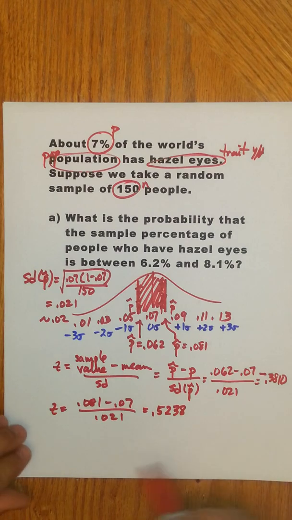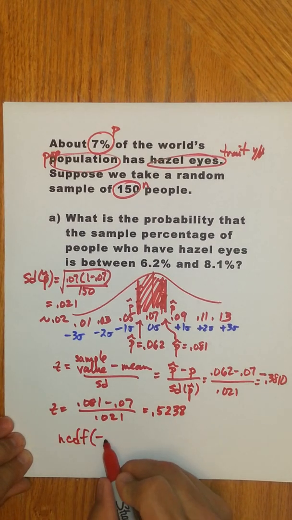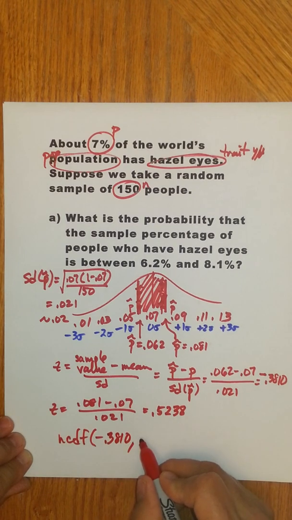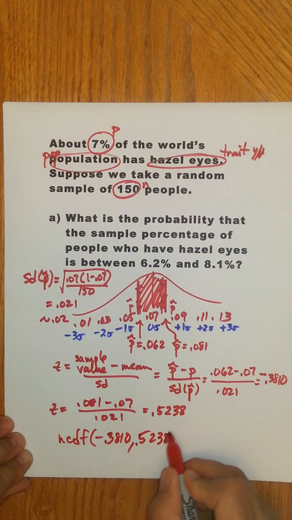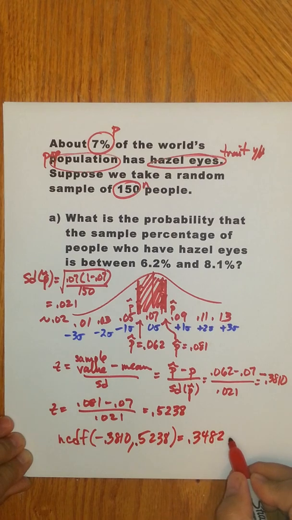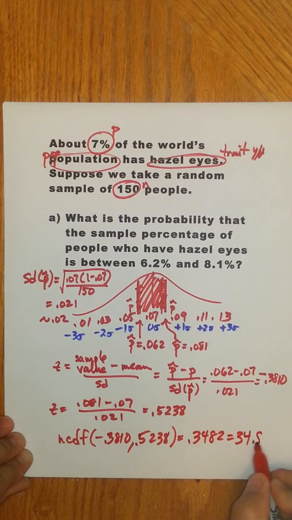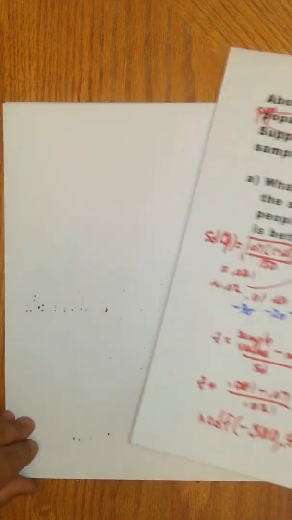All right, so now we find the area under the curve from negative 0.3810 standard deviations to 0.5238 standard deviations, and you should get 0.3482, or 34.82%. Right? Now, how do I write that sentence?